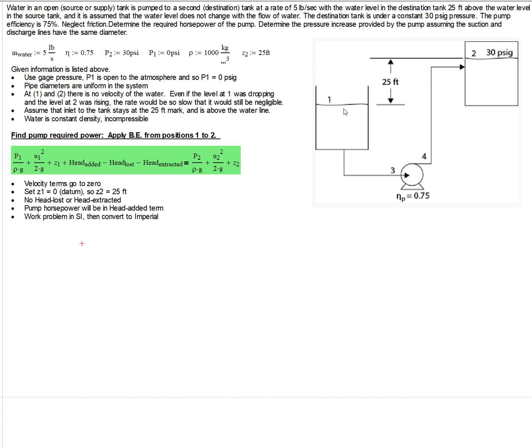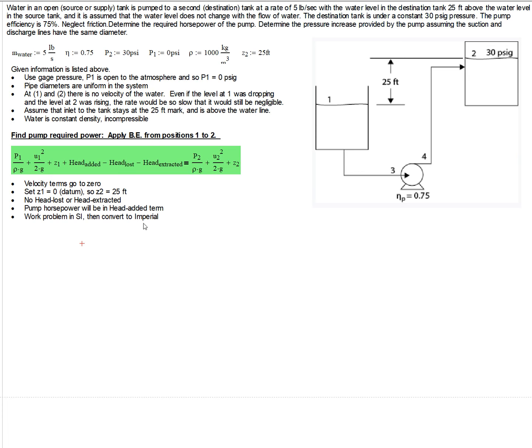But again, generally with large tanks like this and much smaller pipes, the velocity between, say, position 1 and 3 would be very, very different, and the velocity at position 1 with respect to the velocity at position 3 would be essentially 0. So that's something to remember when you do Bernoulli equation problems with tanks.